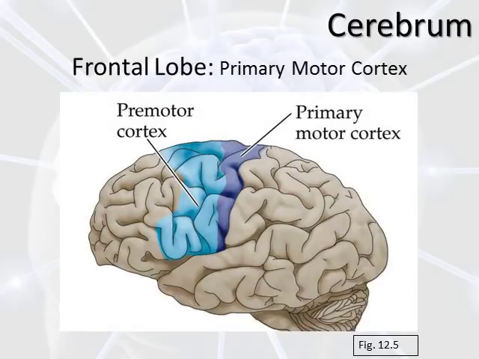Within the frontal lobe we have the premotor cortex and the primary motor cortex. Remember this is the separation between parietal and frontal lobe. So this is all frontal lobe, this is parietal lobe back here. You have the primary sensory cortex right here in the parietal lobe, and the primary motor cortex is right here in the frontal lobe.